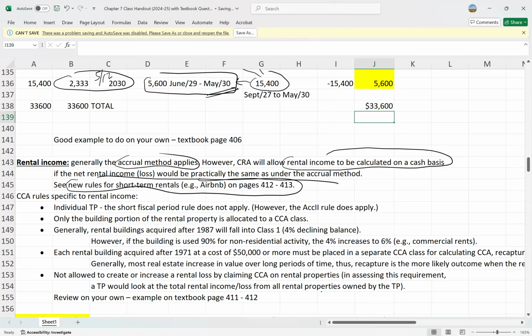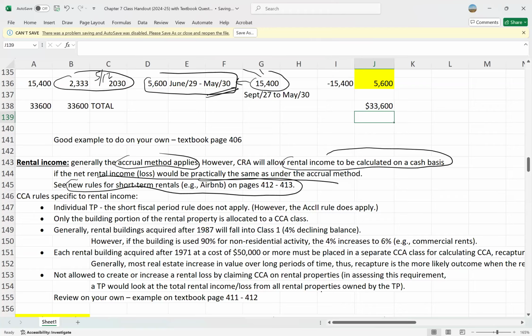We all know that a lot of cities, like the city of Vancouver, banned short-term rentals, Airbnbs, for example. So if you're operating a short-term rental in a municipality or city that has restricted or banned short-term rentals, then these rules will basically severely restrict the expenses that you're allowed to deduct. So it's fairly straightforward. I'll just let you read those couple of pages on your own.